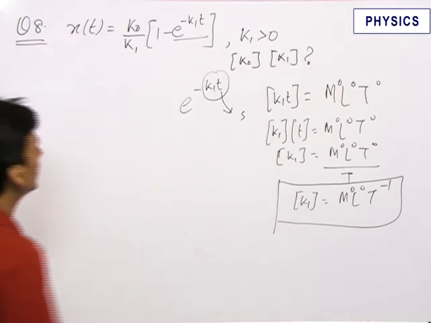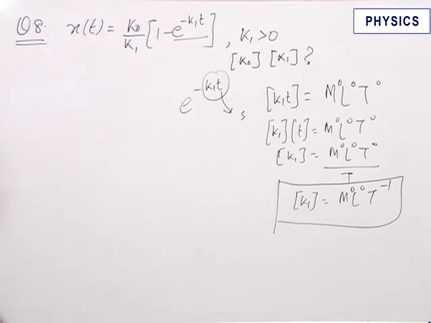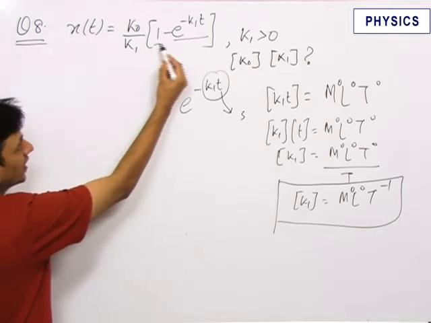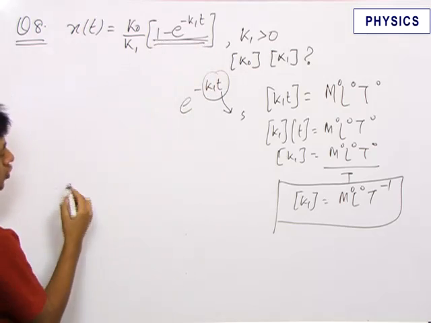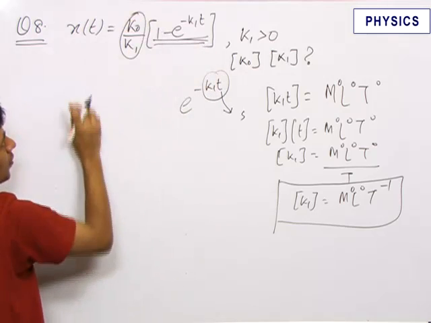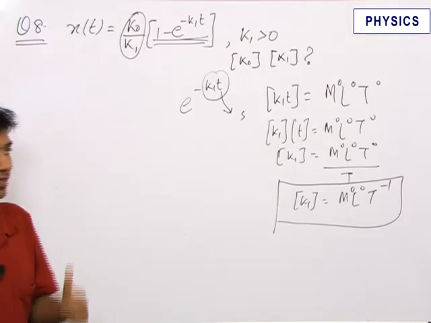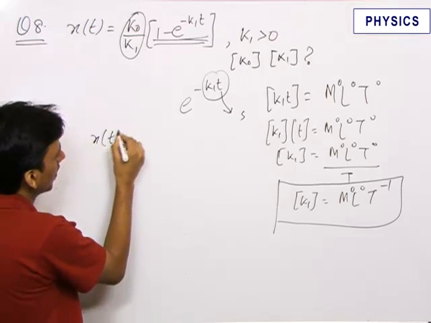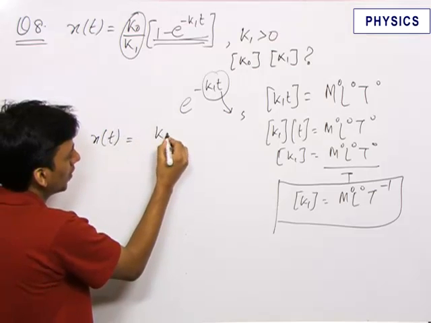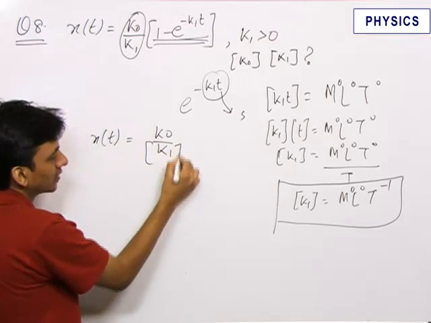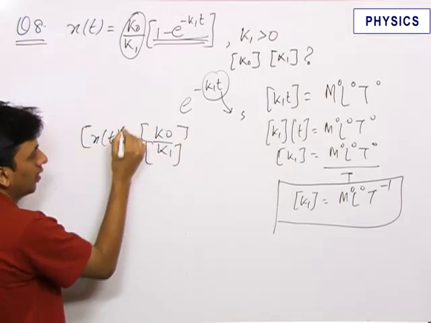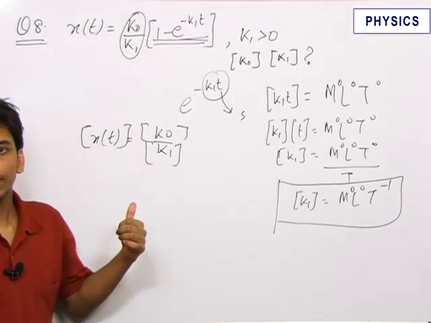Now we need to find the dimensions of k0. We see here that this whole quantity is dimensionless. So the dimensions of k0 upon k1 will be the dimensions of x, which is length. So x is equal to k0 upon k1 dimension-wise. So x has the dimensions of length.